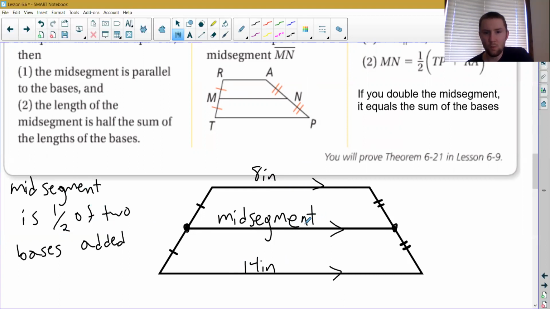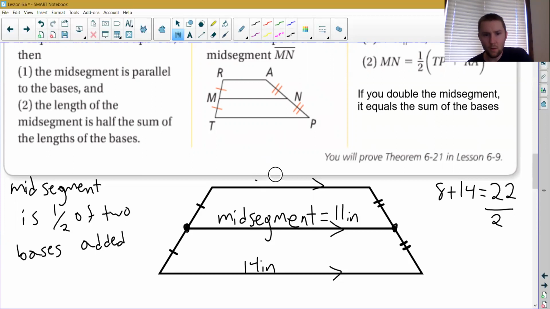We just simply would have to add the two bases together, 8 plus 14, that gets us 22, and then cut that in half or divide it by 2, and the midsegment length must be 11 inches. So we can use the two base lengths if we know them to find the length of the midsegment.